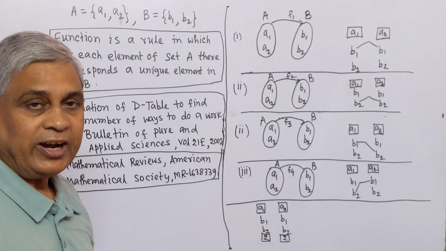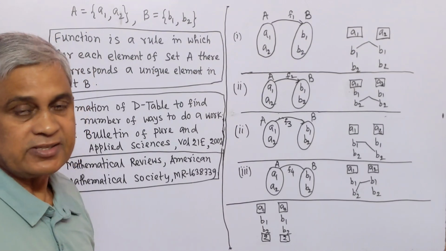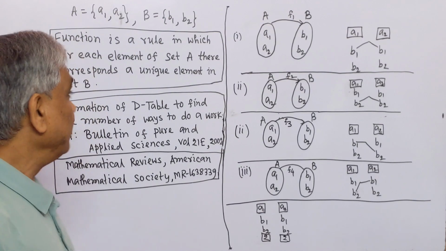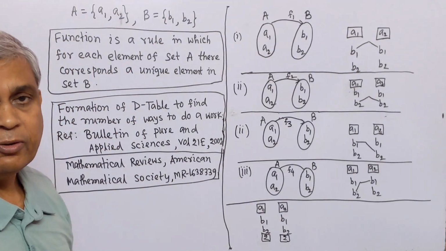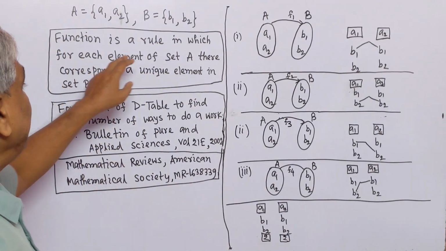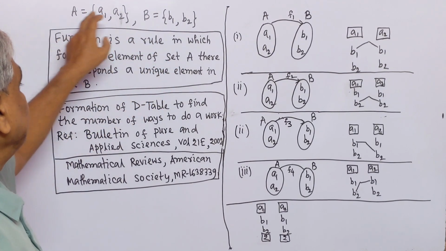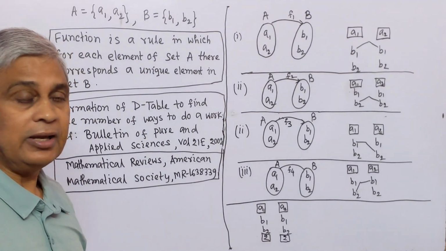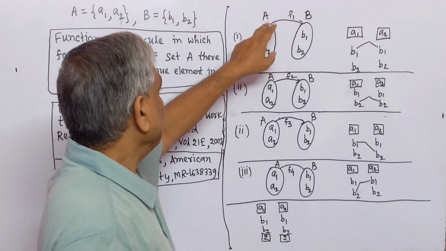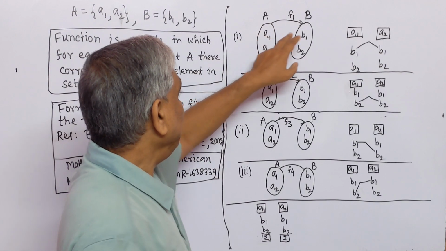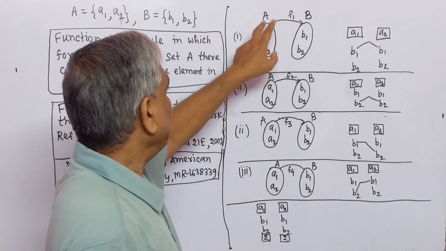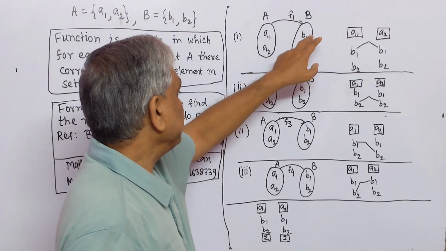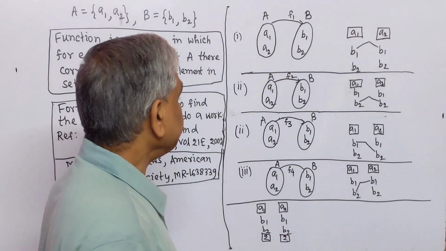Since we have to find the number of possible functions, firstly we have to know what a function is. A function is a rule in which for each element of set A there corresponds a unique element in set B. We write here set A and here set B. Here A contains elements a1 and a2, B contains elements b1 and b2.